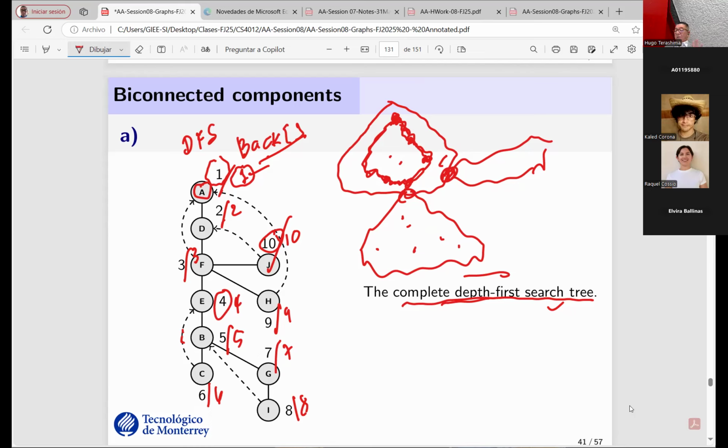Is that understood? The first phase of the algorithm is going to run DFS, and is going to assign a value for each node, and that value is going to be the same for the other label that we are going to establish for each node, which is back, right? So that's the first step in the algorithm, right?